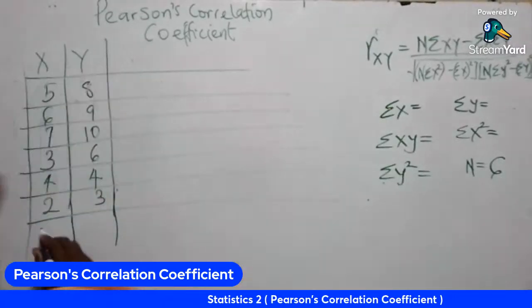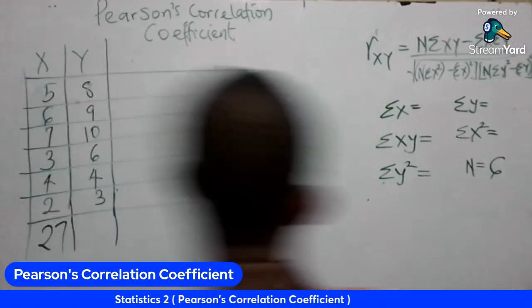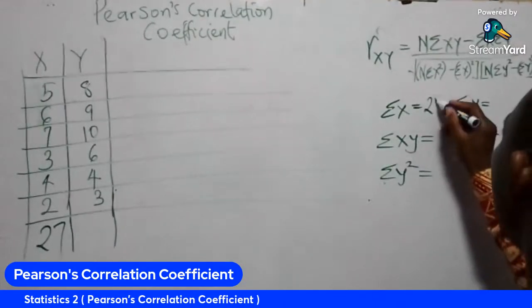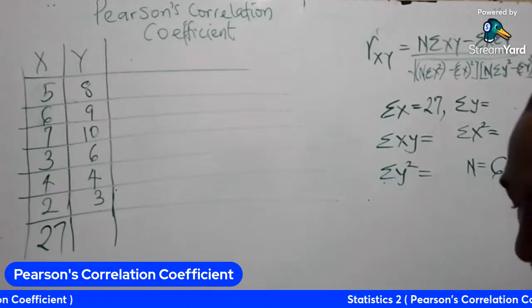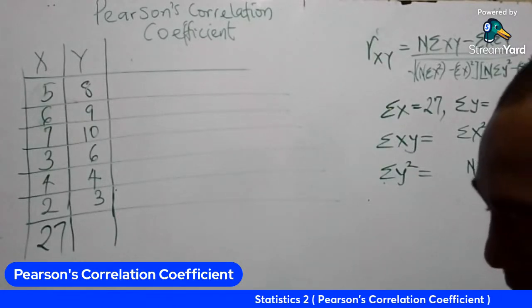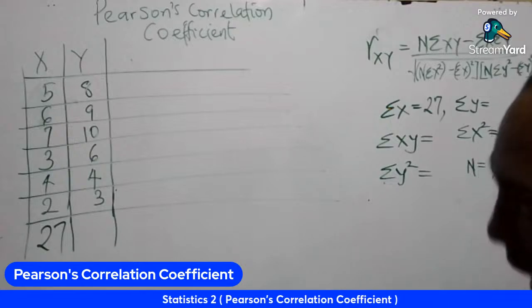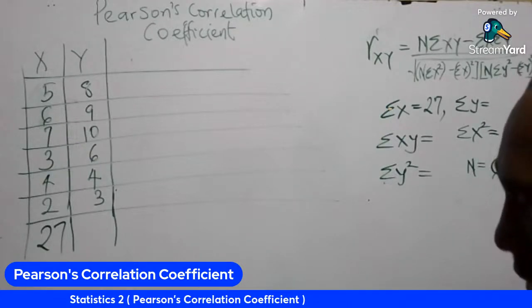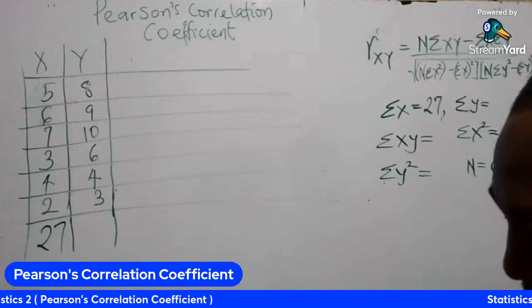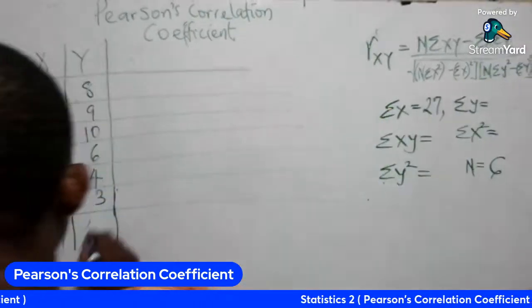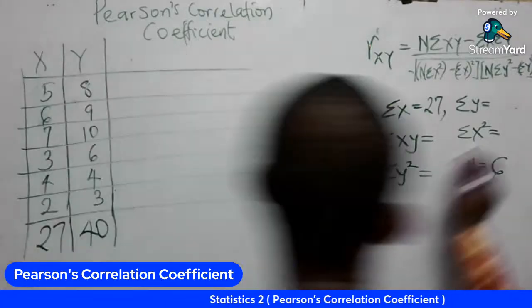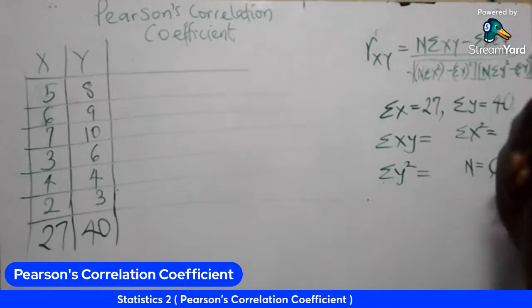So summation x is equal to 27. Let's get summation y. That's 8 plus 9 plus 10 plus 6 plus 4 plus 3, and that will give me 40. So my summation y is equal to 40.